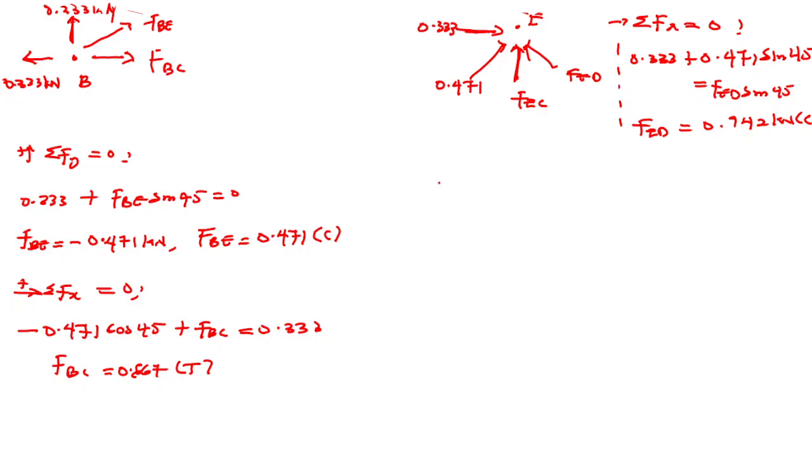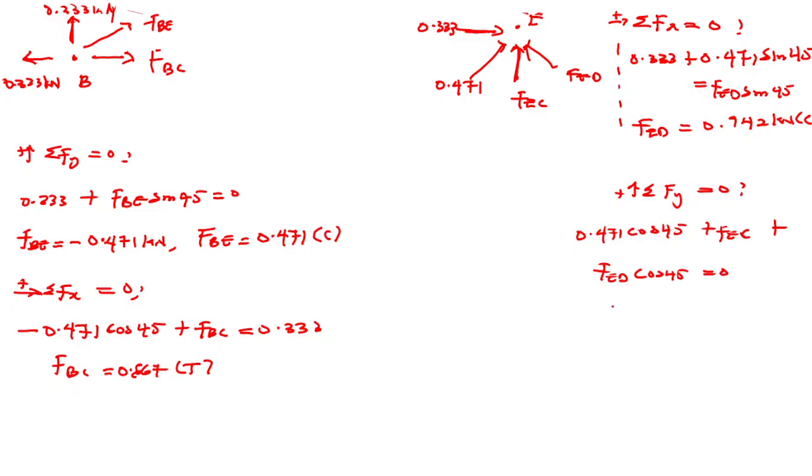Okay, so considering the vertical direction, let's say this is a positive, right? If this is a positive, Fy equals 0. So that will be 0.471 cos 45 plus FEC plus FED cos 45 equals 0.